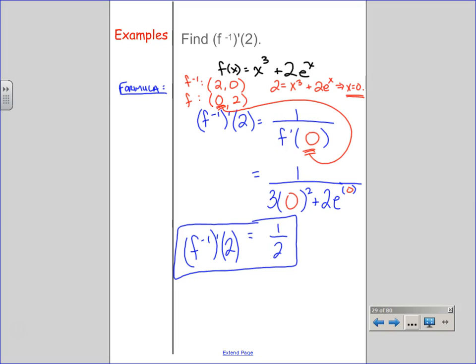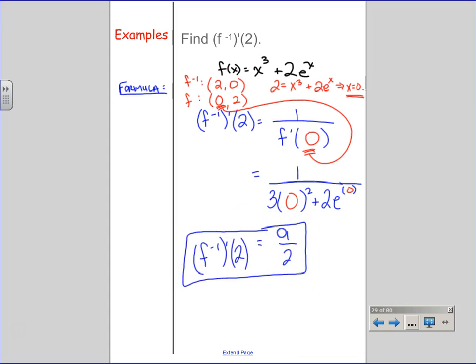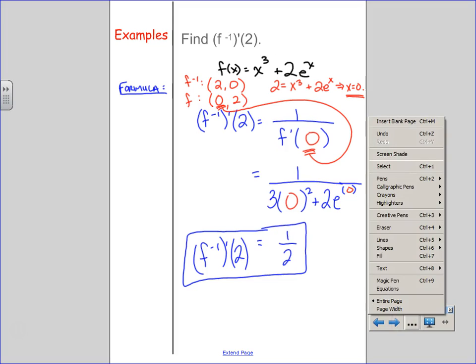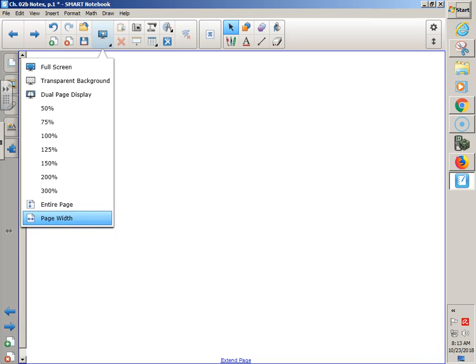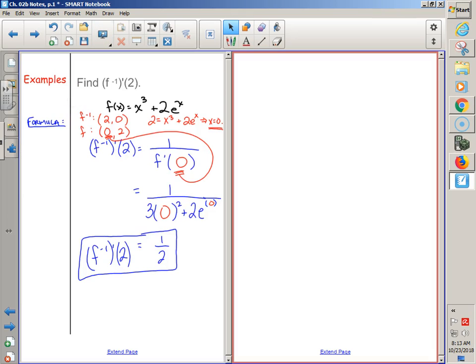Okay. A few of you guys got a little lost, a little stuck. I know a couple of you guys did it implicitly, so let me really quickly go through how it would look implicitly, and maybe you guys can see how it's the exact same math that's required, just coming from a different direction. This way is getting to the derivative of the inverse using the original the whole time.